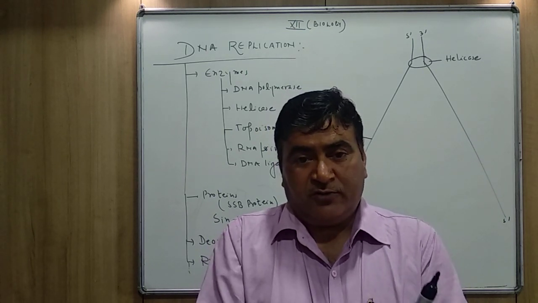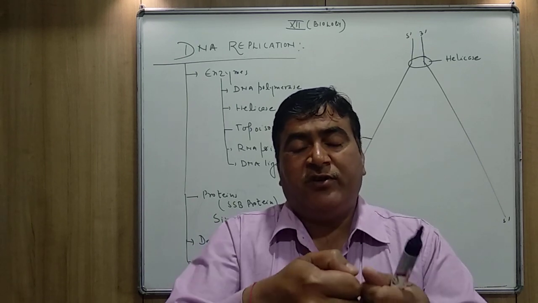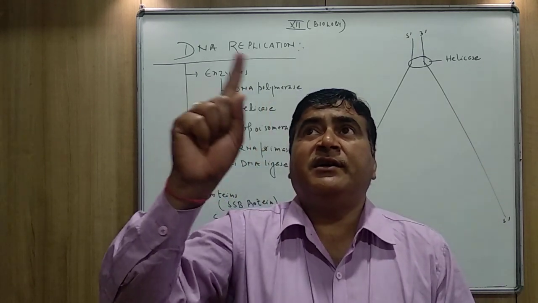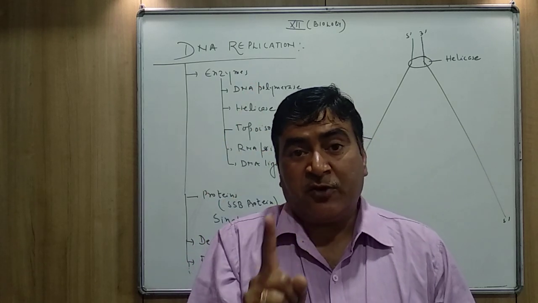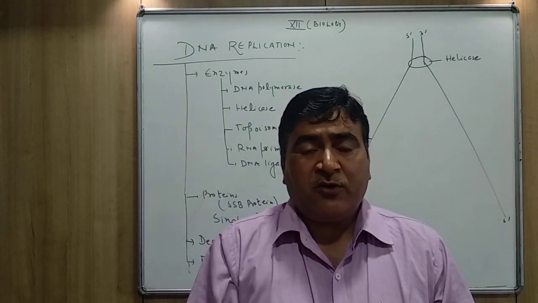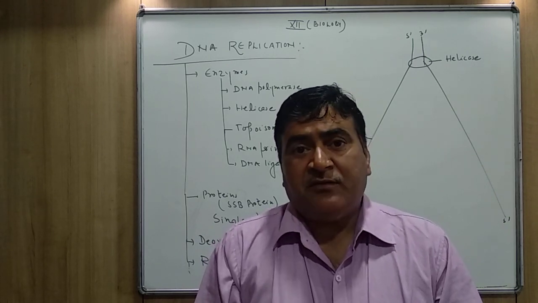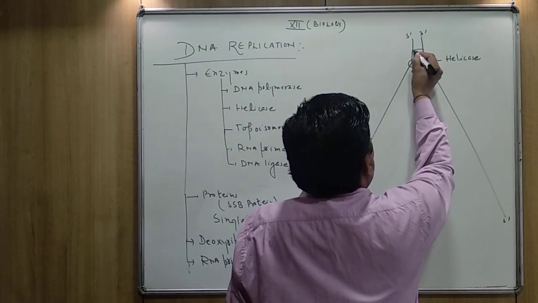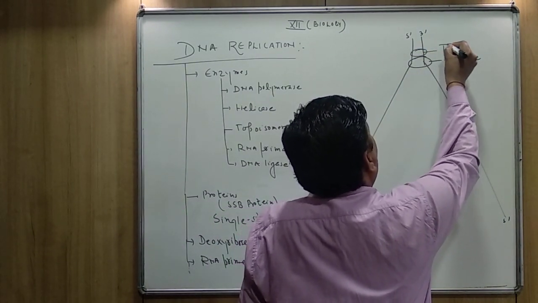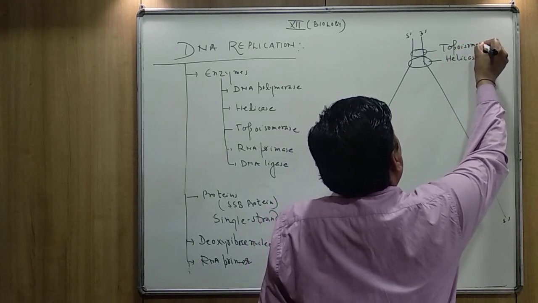If you take two ropes and both the ropes are wound around each other, if you unwind them, you can see the twisting again, and this is called supercoiling. And this supercoiling is relaxed by a particular enzyme, and that is called topoisomerase. So I can write here one more enzyme, topoisomerase.